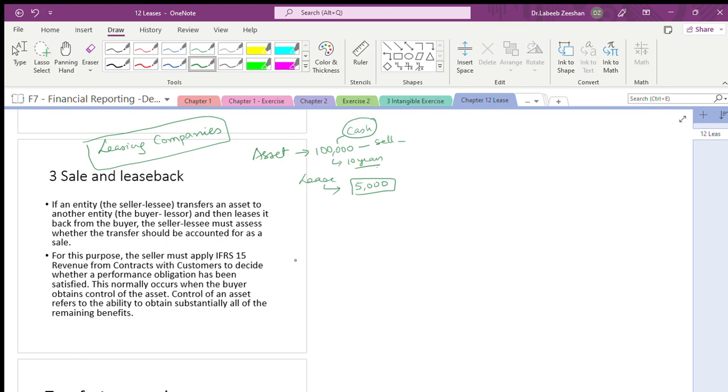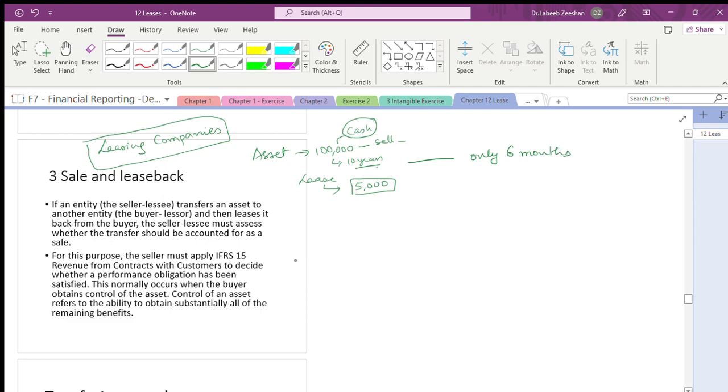First understand: we don't need the asset all through the year. We need the asset for only 6 months. Why should we retain it for the full year? There is no point in owning it.